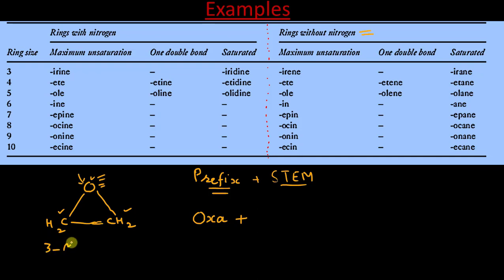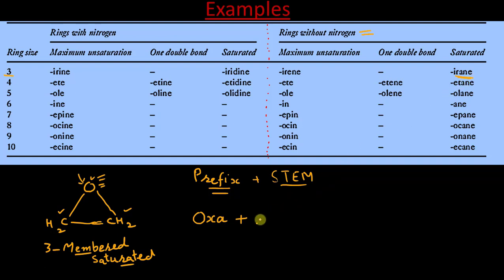This is 3 membered, and it does not contain any double bond, so it is a saturated ring. Now for a 3 membered saturated ring with heteroatom other than nitrogen, the stem is irane.